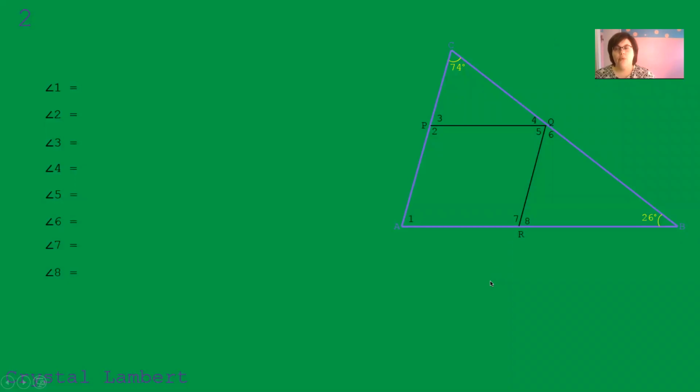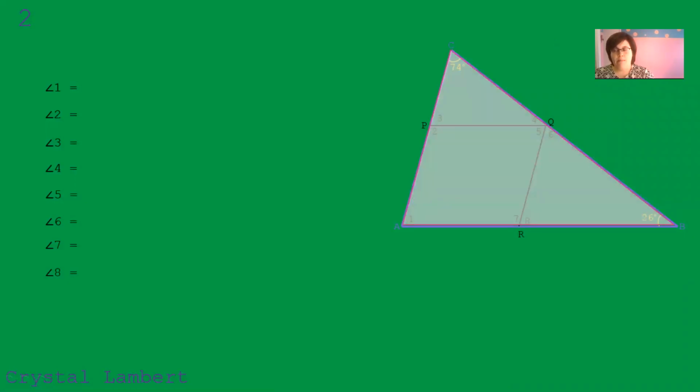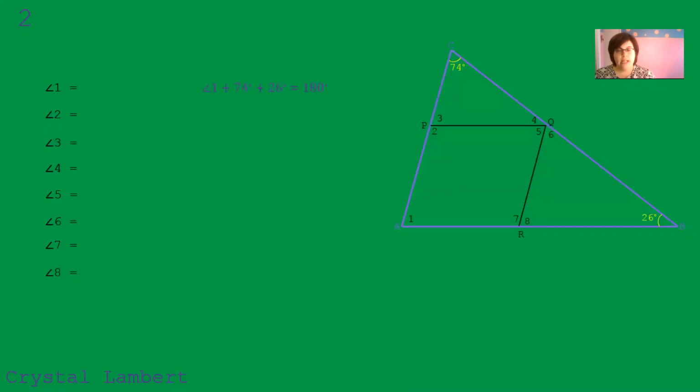So here, we're going to look at the triangle as a whole. Forget about the lines on the inside of the triangle. Once again, our sum of those three angles is going to be 180 degrees. So angle 1 plus 74 degrees plus 26 degrees is equal to 180 degrees. That means angle 1 is equal to 80 degrees.